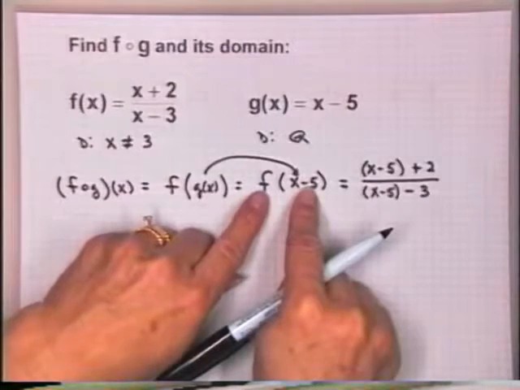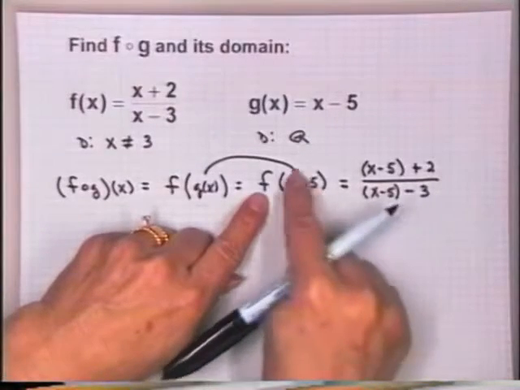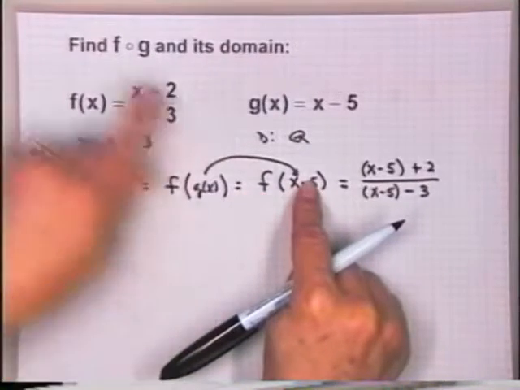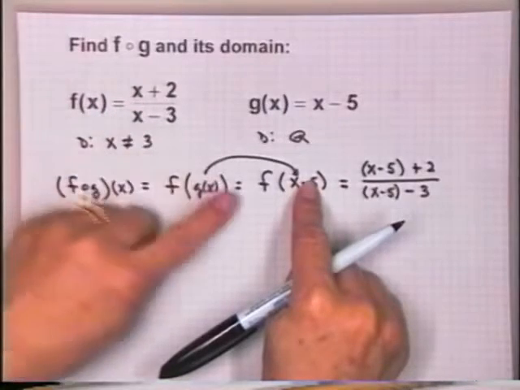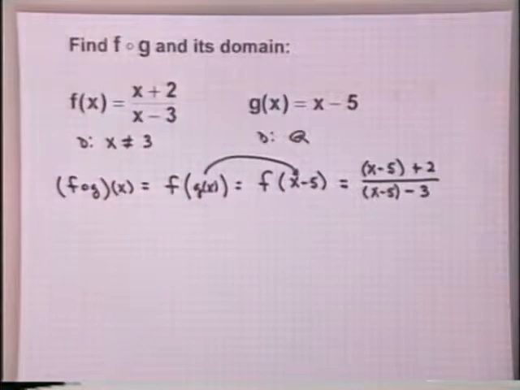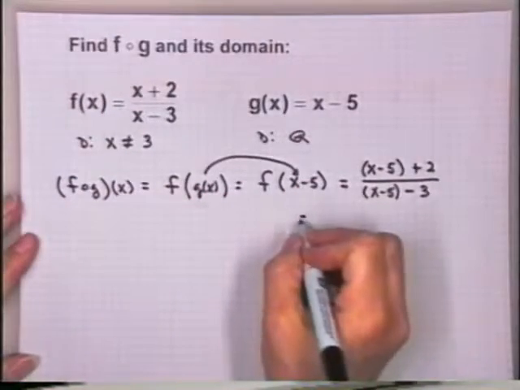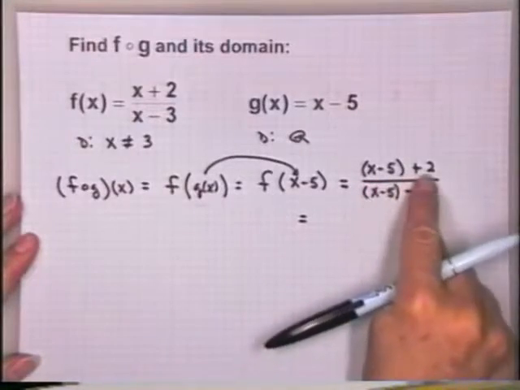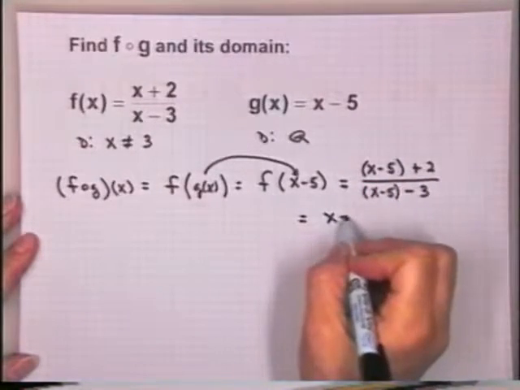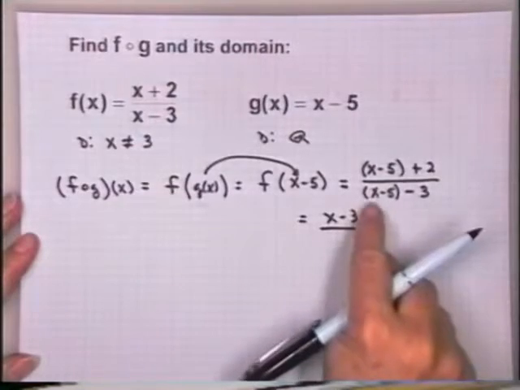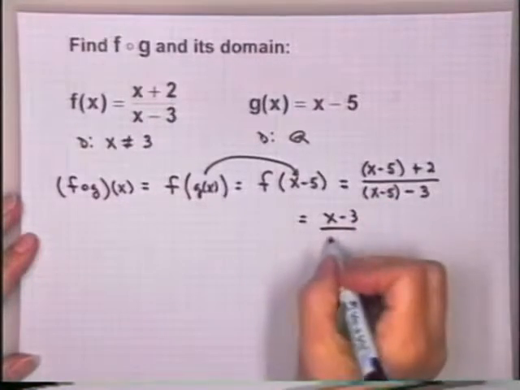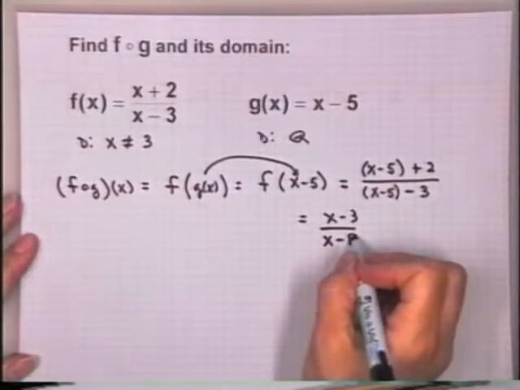And then we go to our outside function, and we replace this quantity in place of our variable in this outside function. Now, let's do some simplifying. x minus 5 plus 2, of course, is x minus 3. And x minus 5 minus 3 is x minus 8.